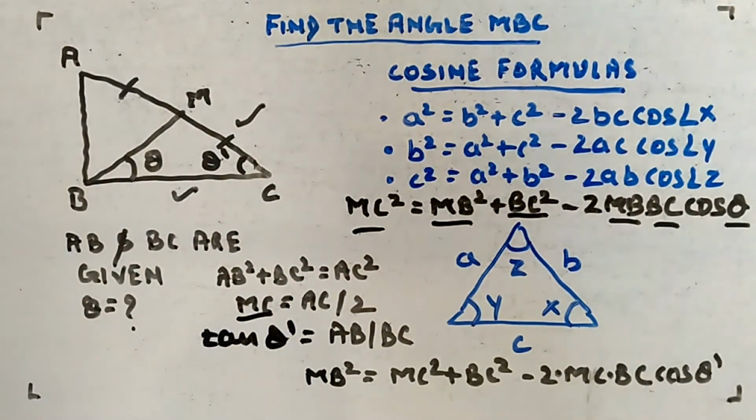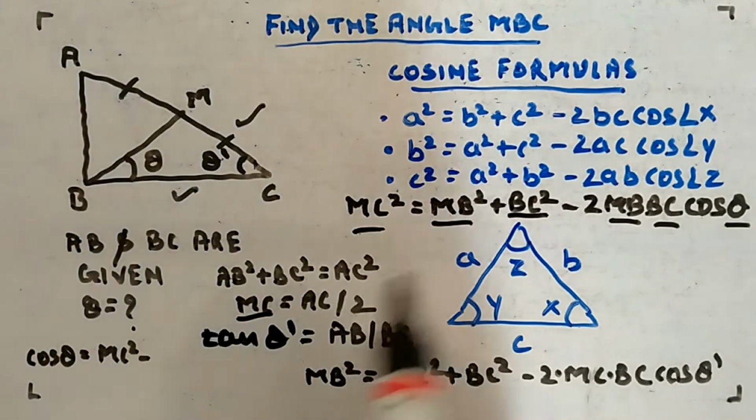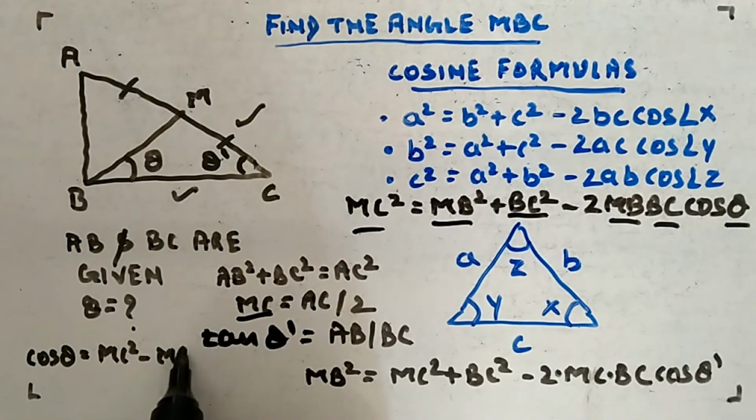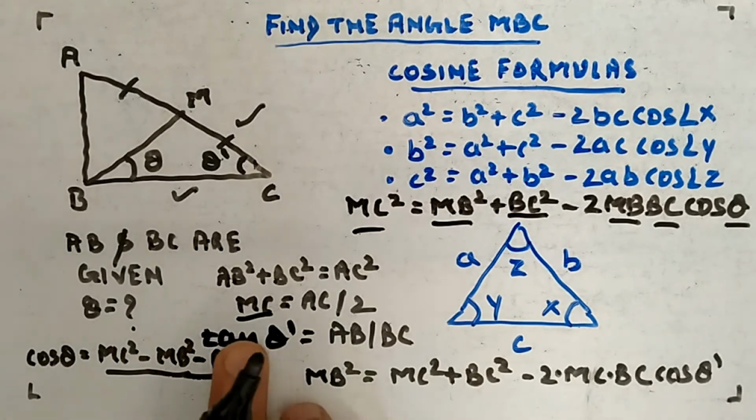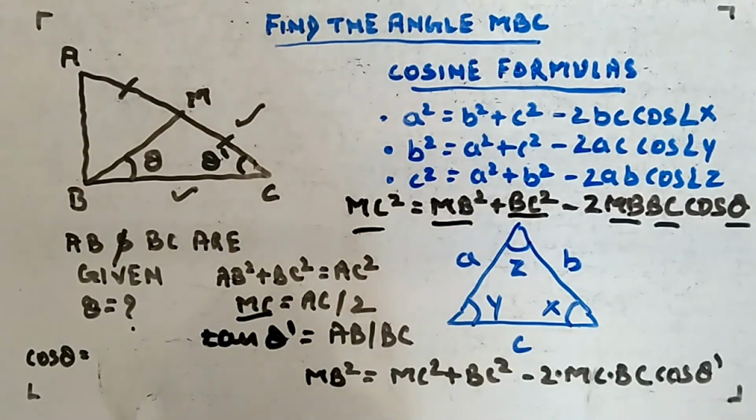So from here, if you want to calculate cos theta, you can write cos theta is equal to MC square minus MB square minus BC square divided by... it is not correct, so signs will be different. So 2 MB BC I will keep here.